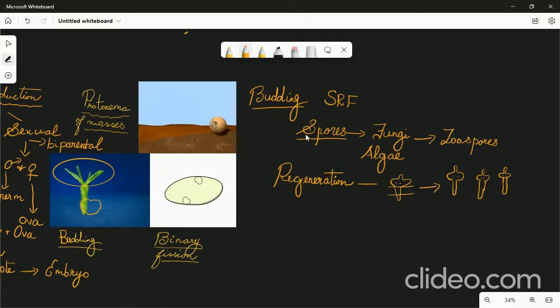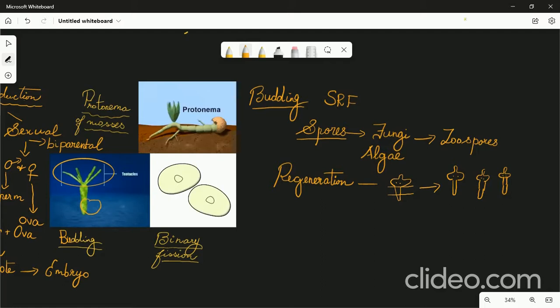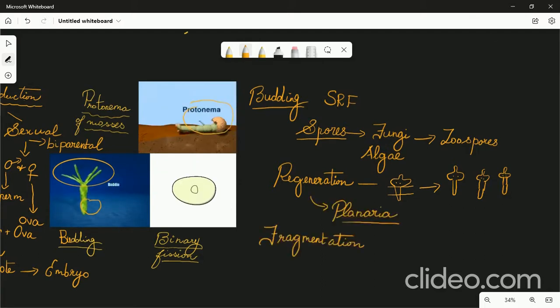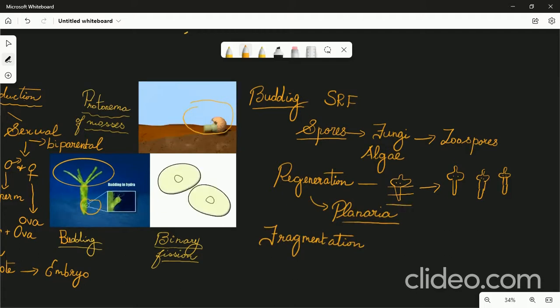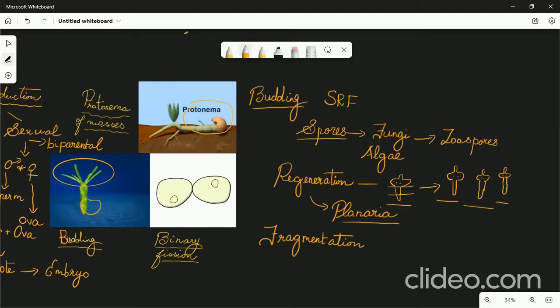So this is regeneration. This kind of organism, I have told you, is called planaria. In planaria, this regeneration kind of asexual reproduction is observed.